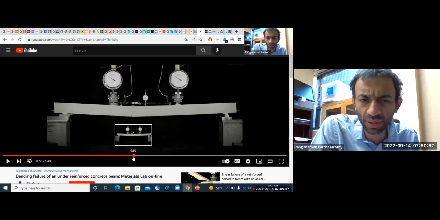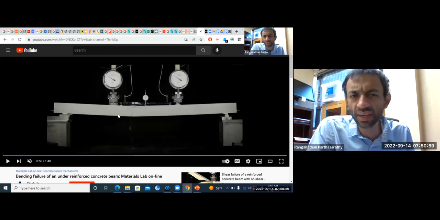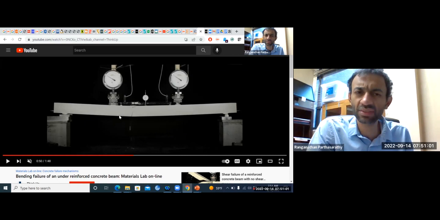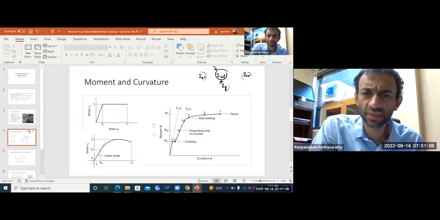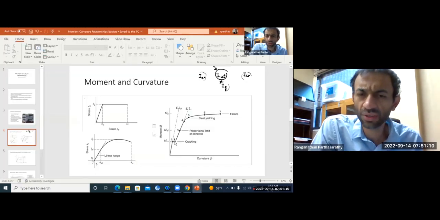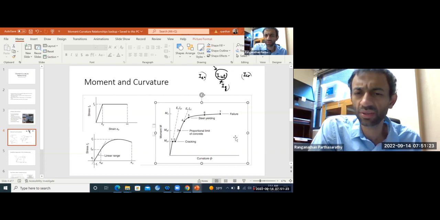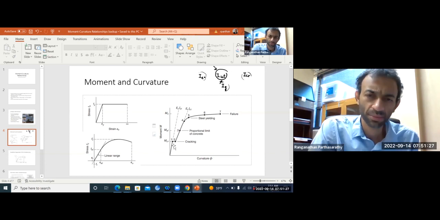Everything happens in a split second. So from 1 to 2, you have no increase in moment. It's just the propagation of the cracks. The cracks start at 1, then they propagate up to the neutral axis. That is the straight line from 1 to 2. You don't see any increasing moment in that time.